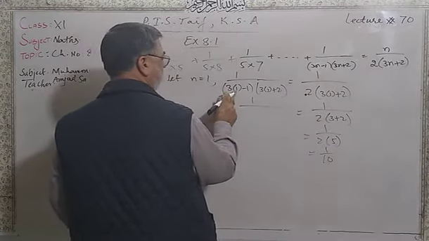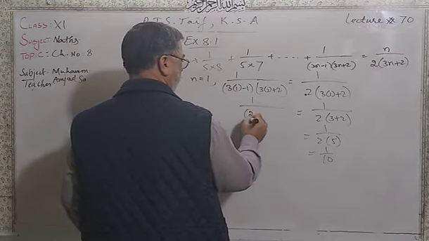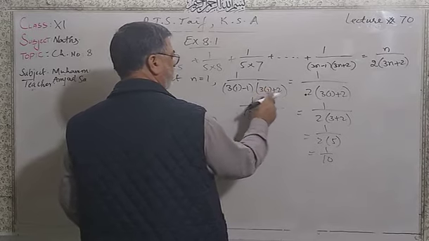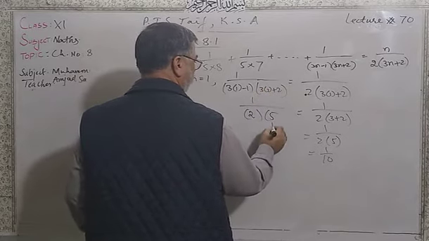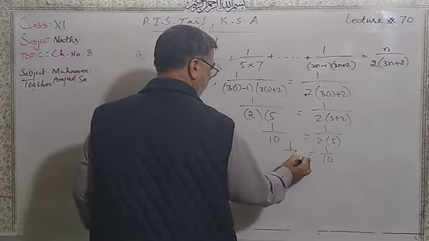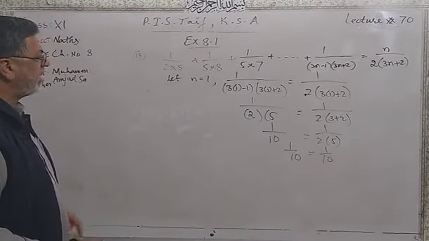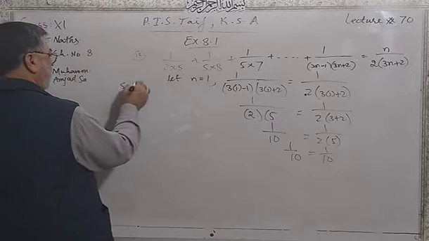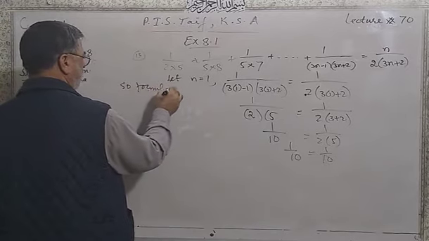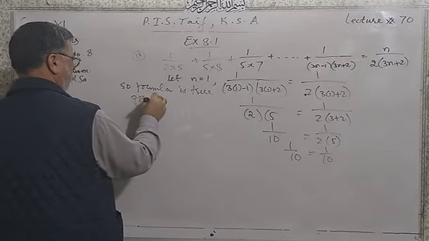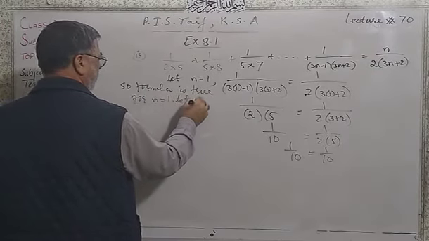Here 3 minus 1 is 2, and 3 into 1 plus 2 is 5, that is 1 over 10. So dear students, left hand side is equal to right hand side. So the formula is true for n is equal to 1.